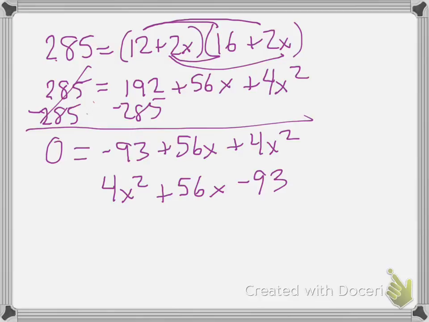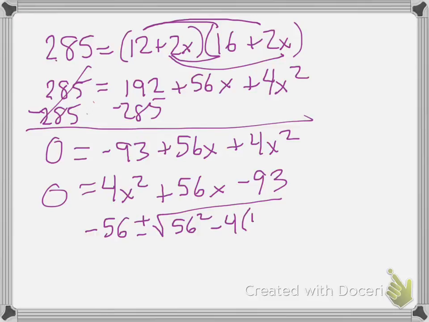Then I would use the quadratic formula to find the roots. That would be negative b, which is negative 56, plus or minus the square root of b squared minus 4ac, all over 2a.